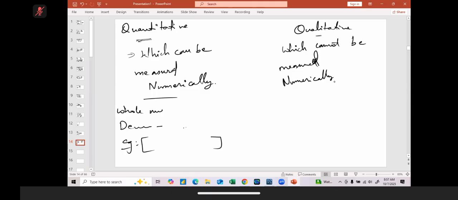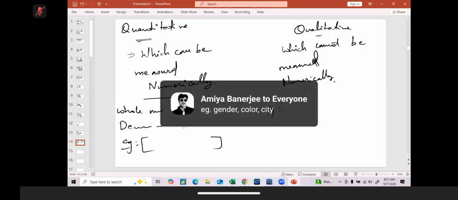Example. Definition is understood. Examples for qualitative: anything that can be categorized, might be product names, right?